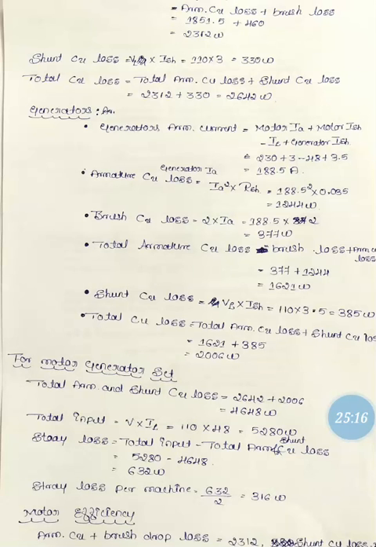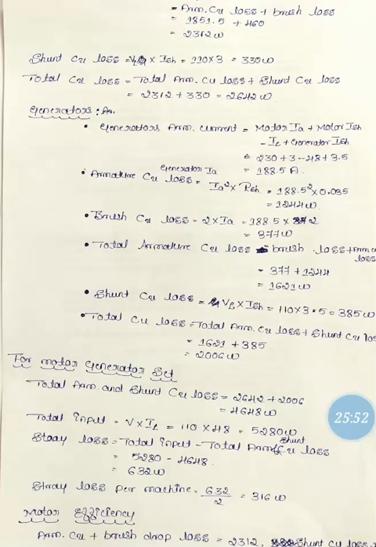Then finally the motor efficiency can be calculated. Before calculating the motor efficiency, we must know the total losses, the input power, and the output power. Here we first take the armature copper loss plus brush drop loss, that is 2312 watt, then the shunt field winding copper loss as 330 watt, and the stray loss calculated above, that is 316 watt.